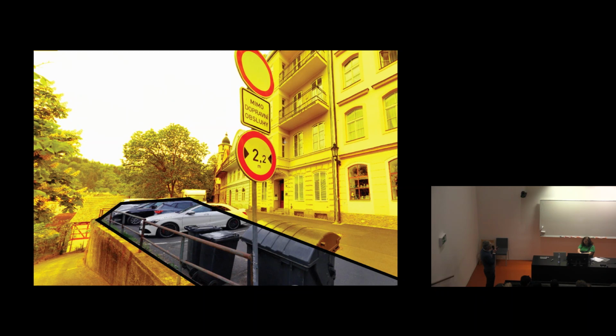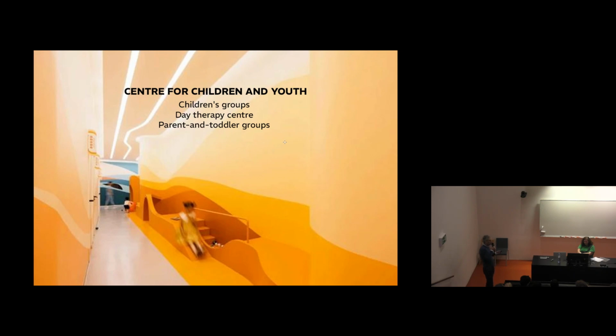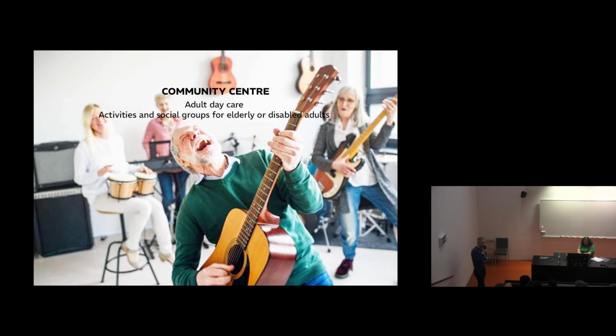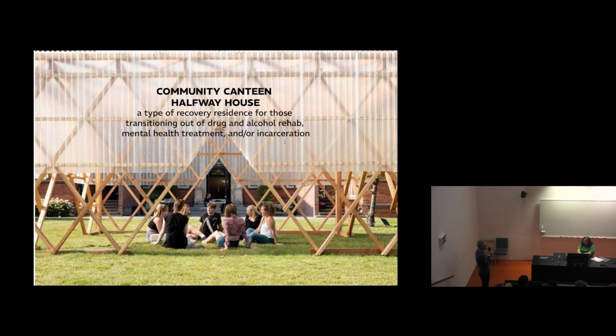The goal of your projects is to transform those gaps into places offering supportive day social services, such as a center for children and youth, a community center for elderly or disabled, a community canteen, or a halfway house, a transition into normal life for those who find themselves in a difficult life situation. It will be up to your decision what function you choose to work on.